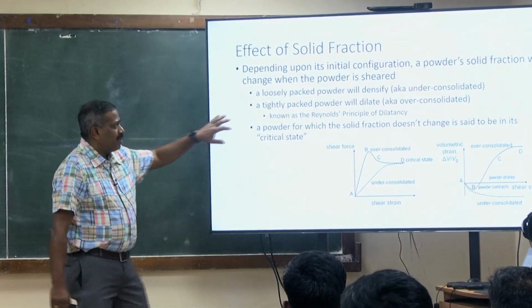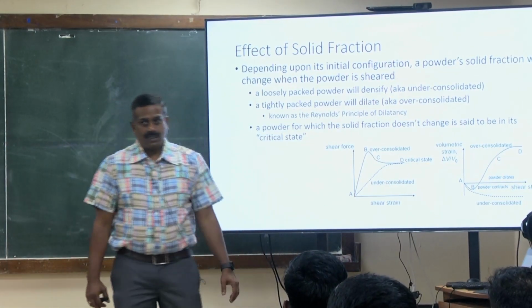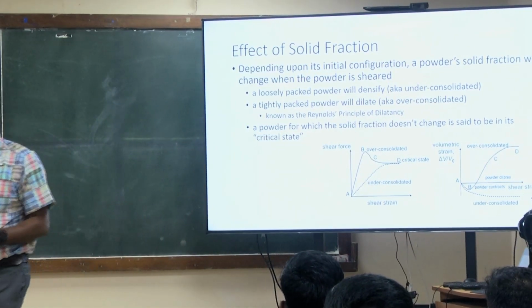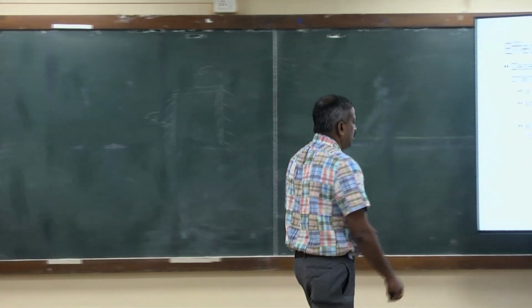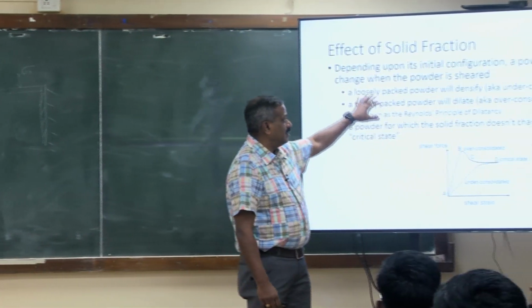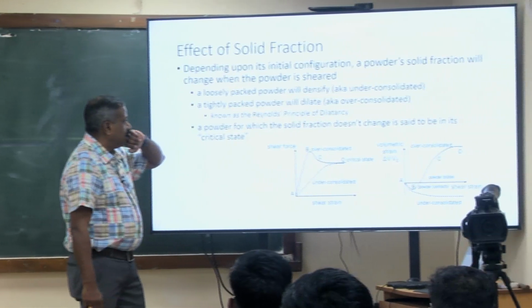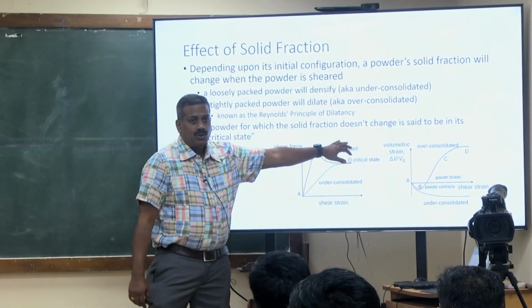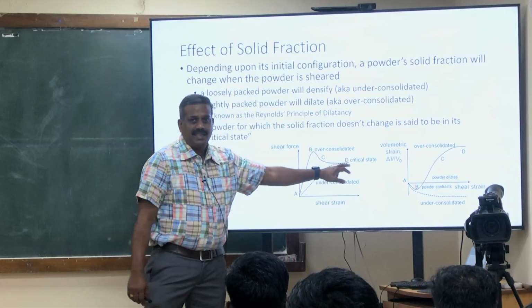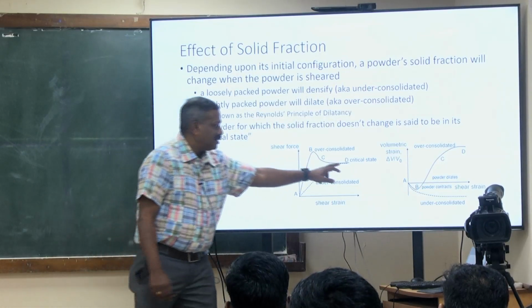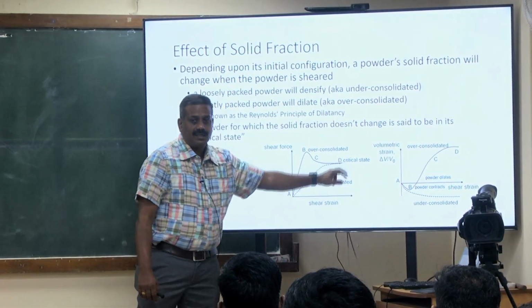But if it is a tightly packed powder, it might dilate, it might loosen up. I will not go into dilatancy. So it depends on the type of powder. The stress state at which the powder is not changing volume, or the solid fraction is not changing, is called the critical state.